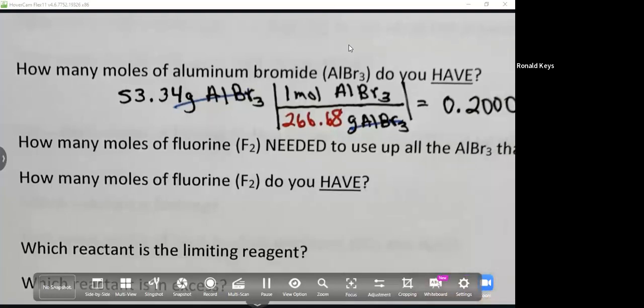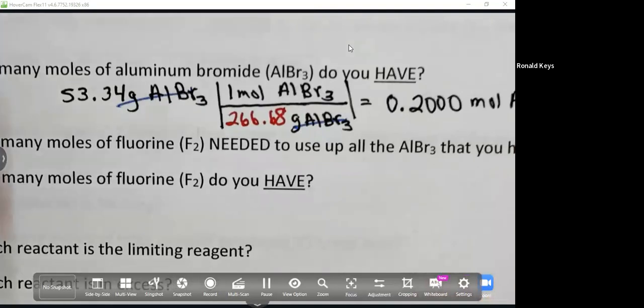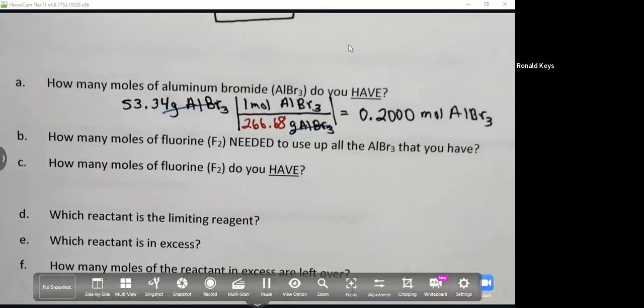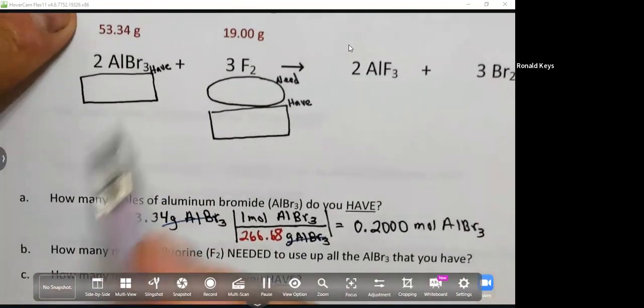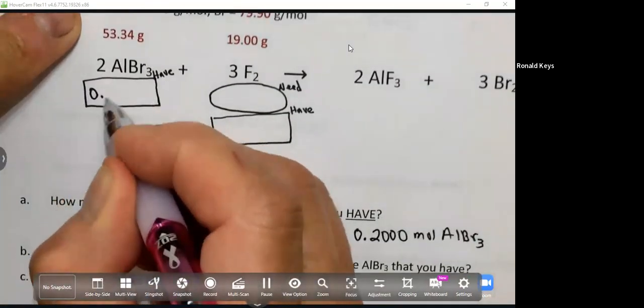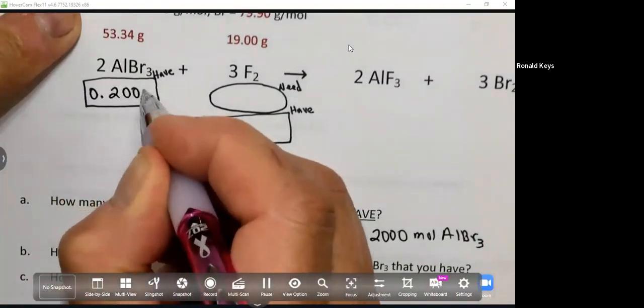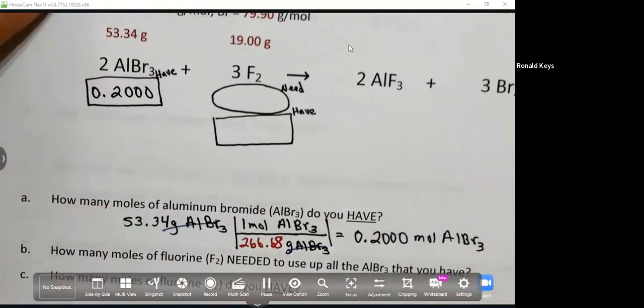Yes? So we can go up here and put this in. 0.2000 moles of aluminum bromide.